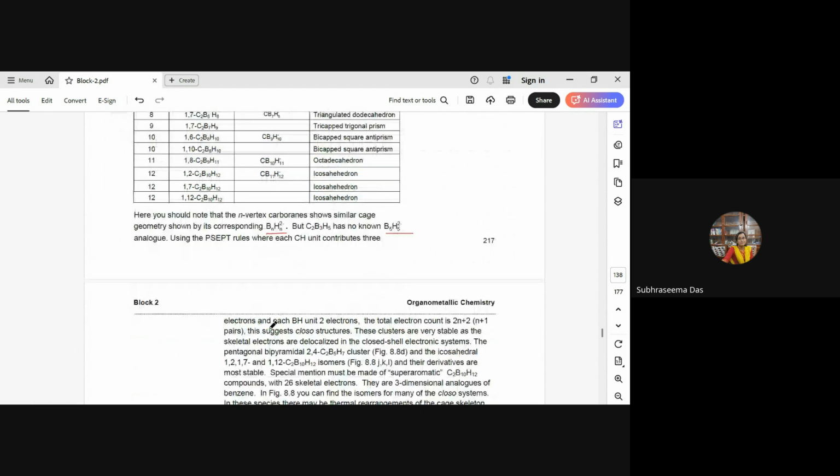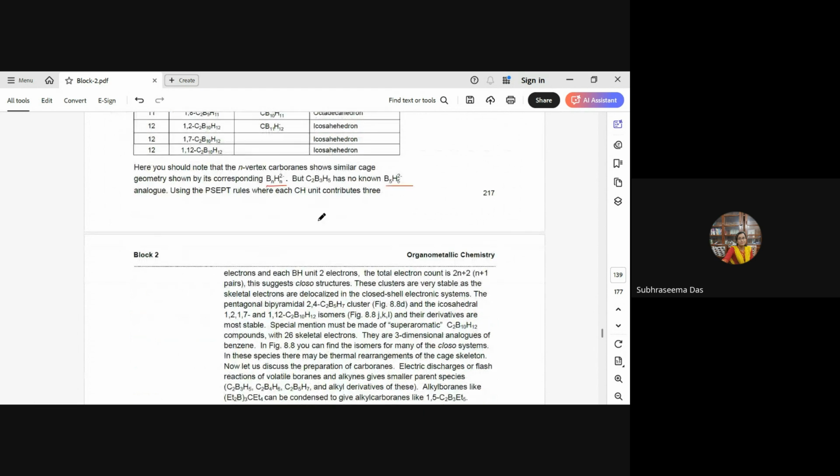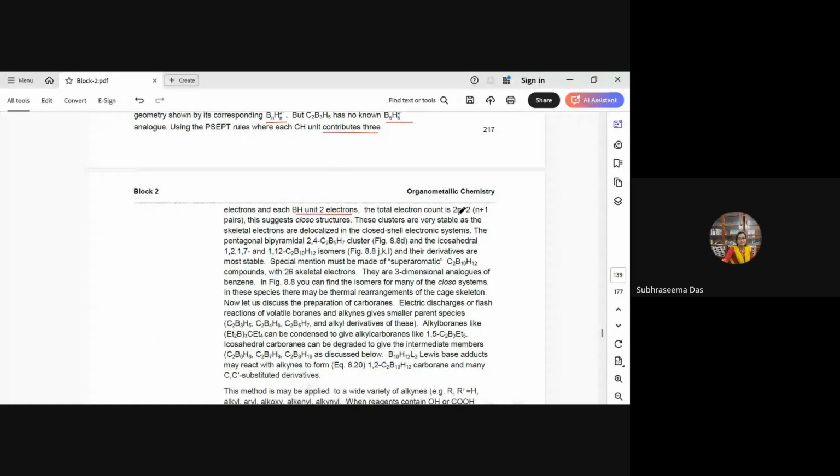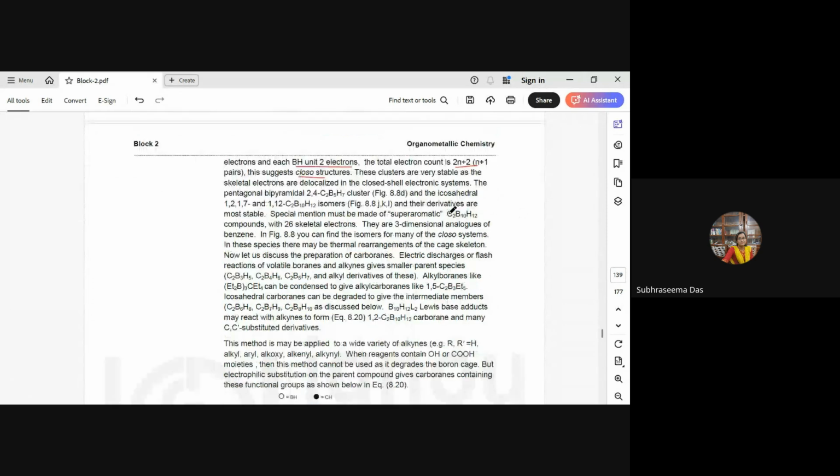Using Wade's rules, each CH unit contributes 3 electrons, and each BH unit contributes 2 electrons. The total electron count here becomes 2n plus 2, which suggests closo structures. So this is how we can predict the geometry of the carboranes from Wade's rules.